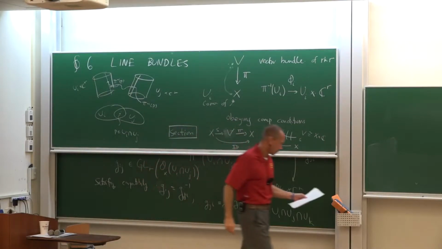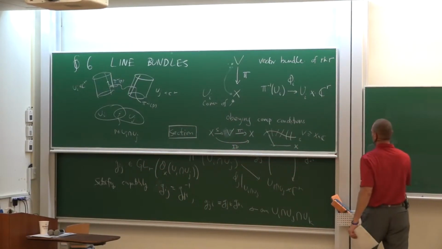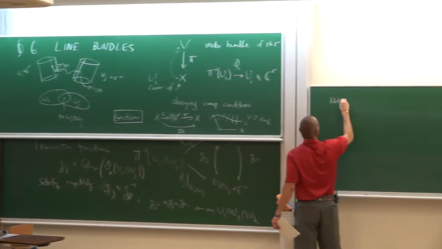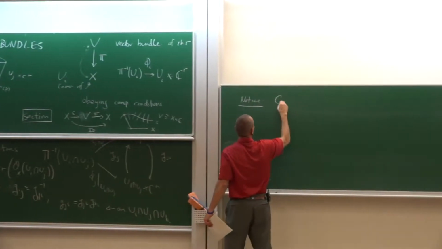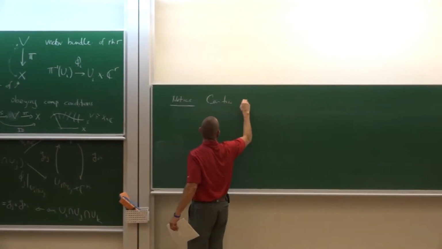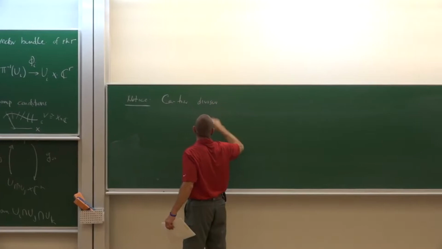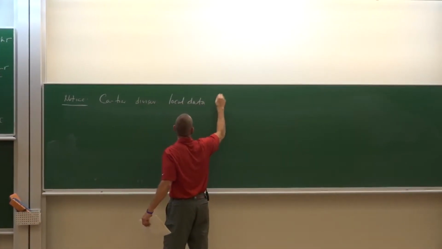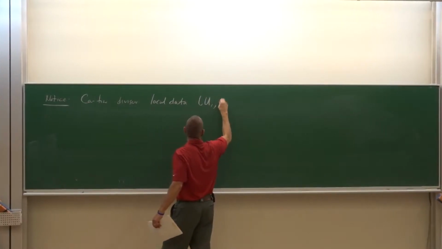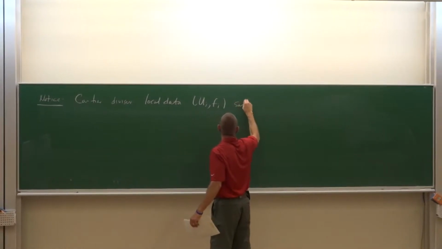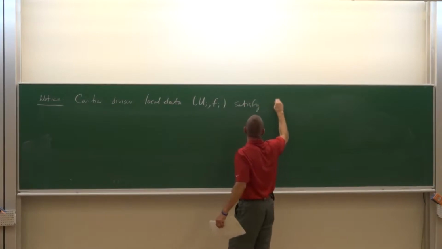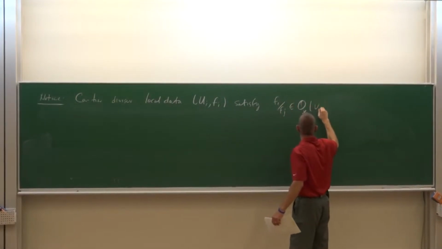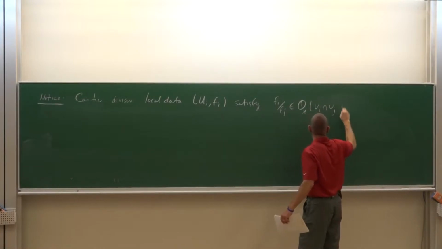Okay, so maybe I'm belaboring the obvious, but then we have the Čech data, or the data for a Cartier divisor. Notice a Cartier divisor has local data, if you remember, (U_i, f_i), which satisfy that f_i/f_j is in O_X(U_i ∩ U_j)*.